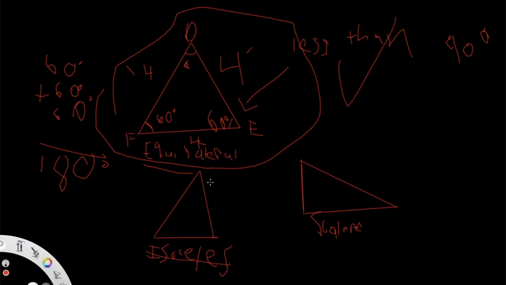So let's say this is 2 and this is 2, but maybe this is 3. And then again they have the angles E, F, D, but maybe not.